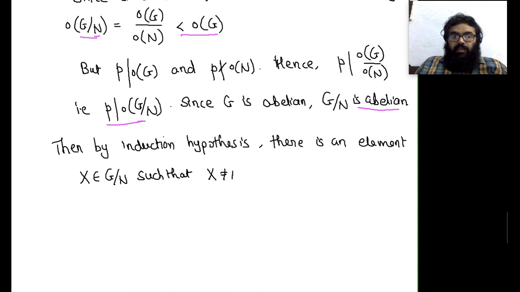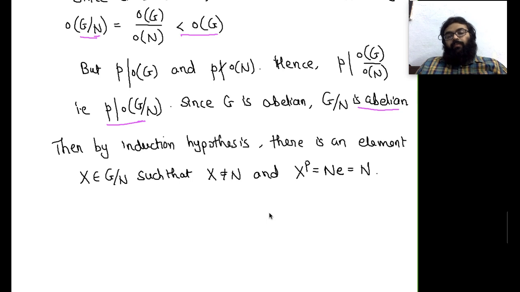That means x is not equal to n, and x power p equals identity. That means x power p equals ne, which is n.